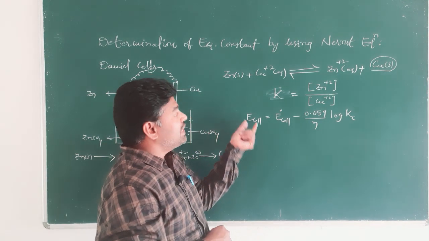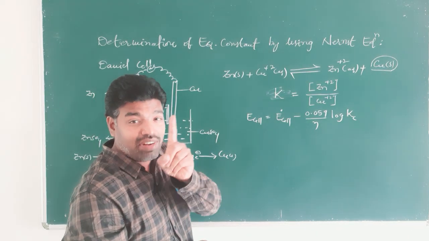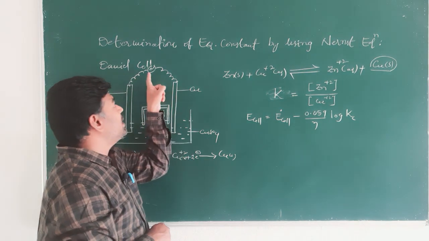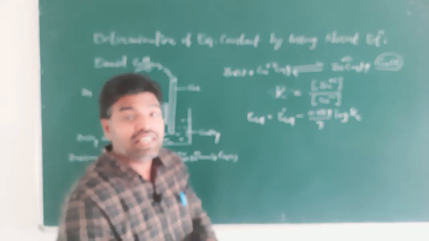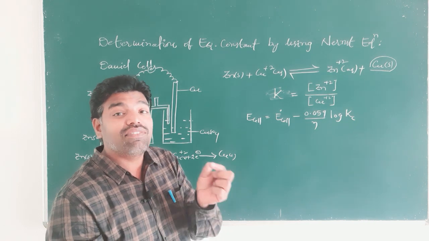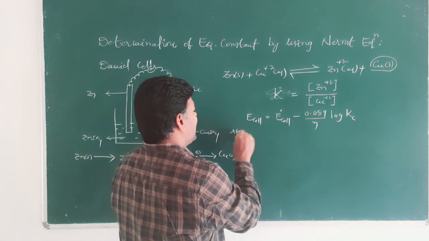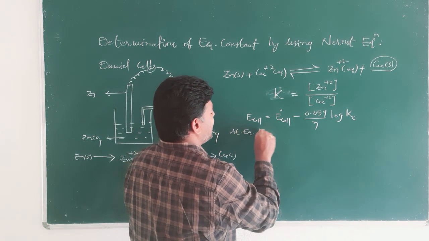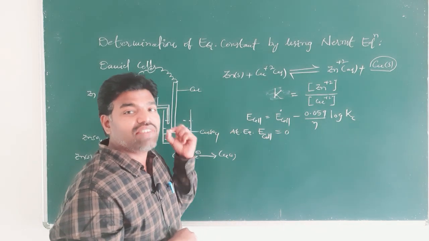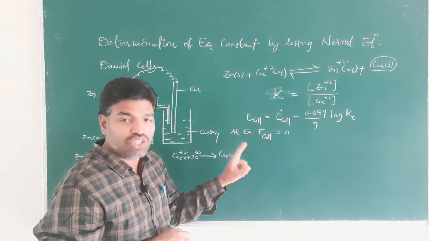But when the cell attains equilibrium, the voltmeter gives a 0 reading, that is, the EMF of the cell is 0.